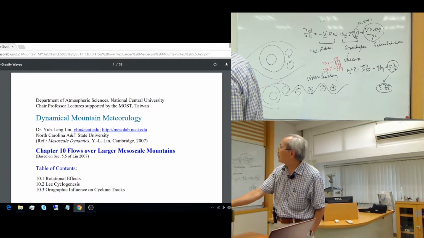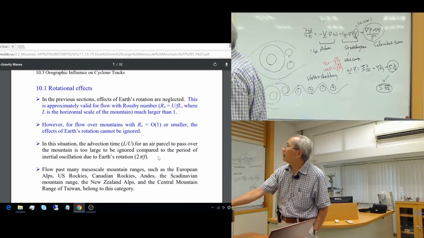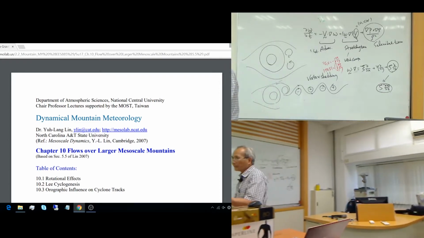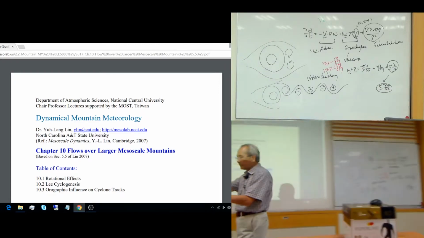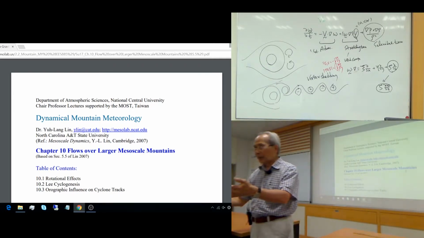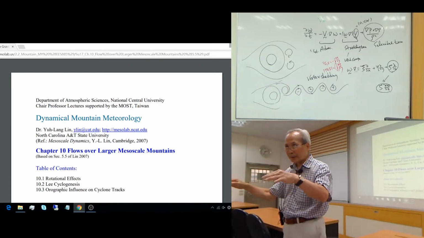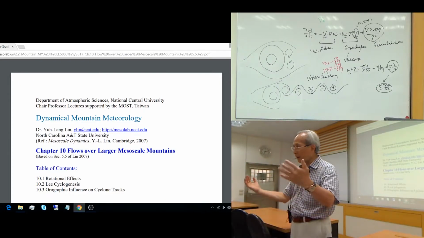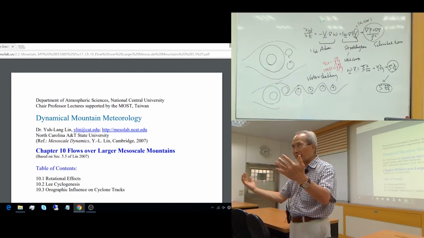So the next topic. Just a quick recap. We go from shallow water flow, and we add stratification, and two-dimensional inviscid flow, mountain waves, and then we add nonlinearity.